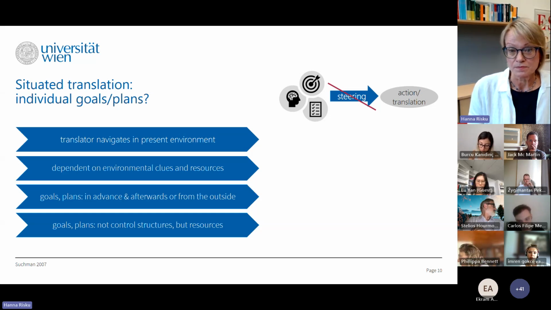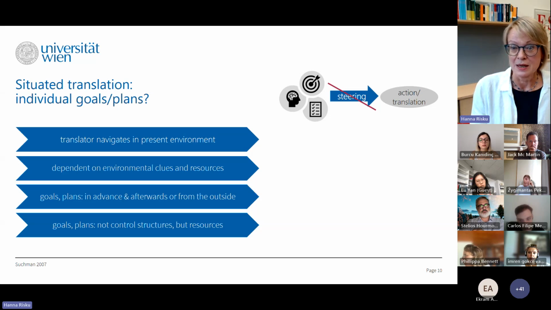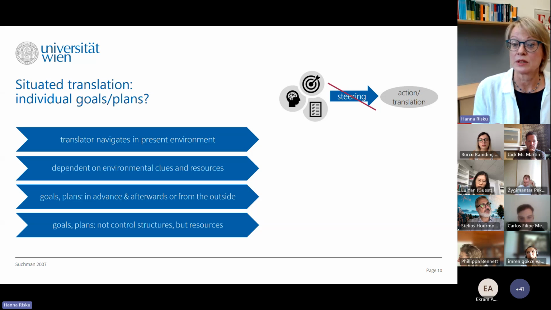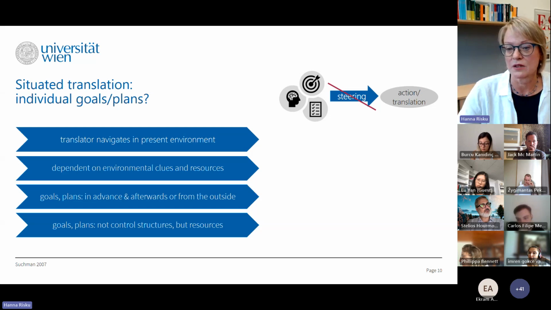And individual goals and plans only help to form and understand an action beforehand and afterwards, or by observers, but they do not determine and structure the actions themselves. According to Suchman, goals and plans are cultural resources, just like languages and checklists and other structuring factors.